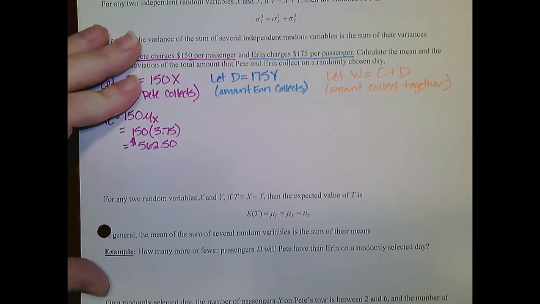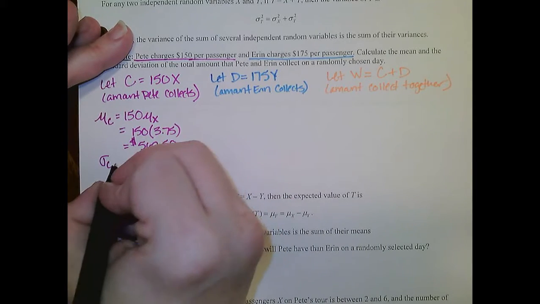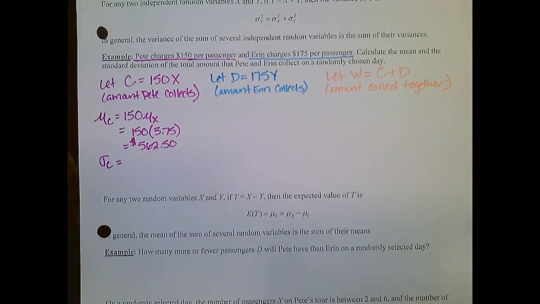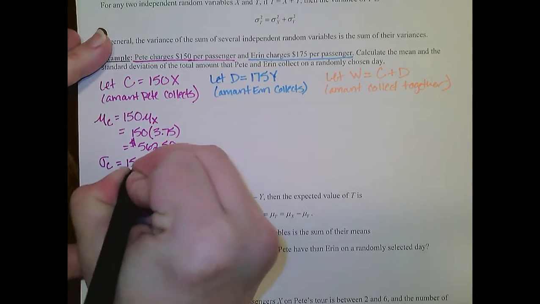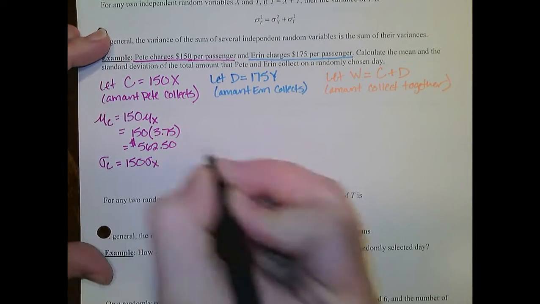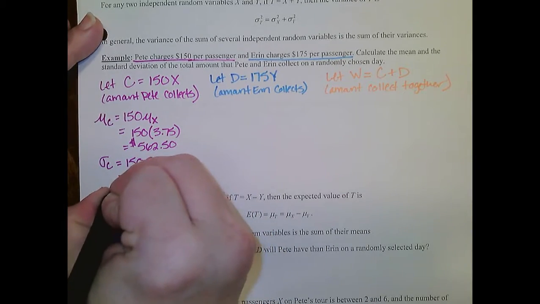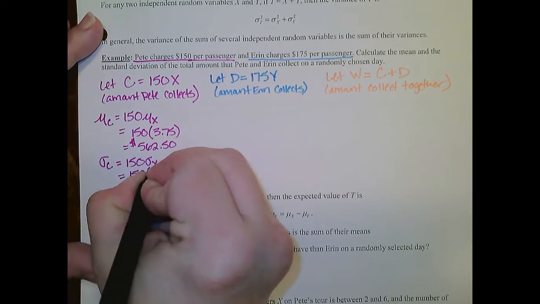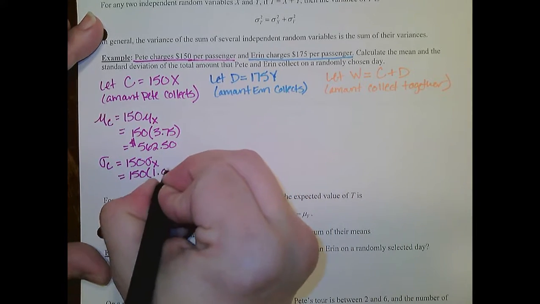Then the standard deviation of C. We said that again, if we are multiplying a random variable by a constant, then the resulting standard deviation is just going to be that constant times the standard deviation of the original random variable. So we'd have 150 times Pete's standard deviation was 1.0897.